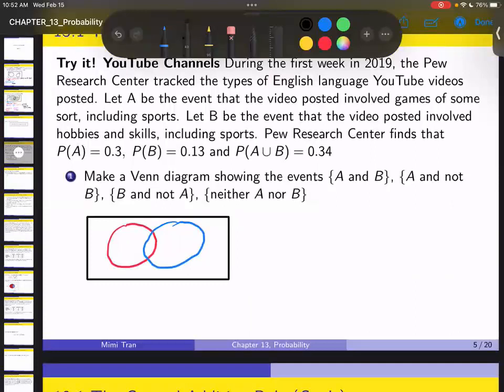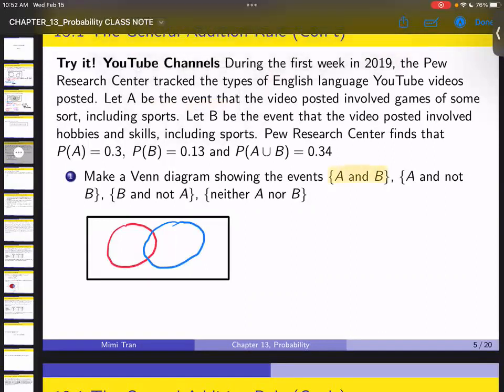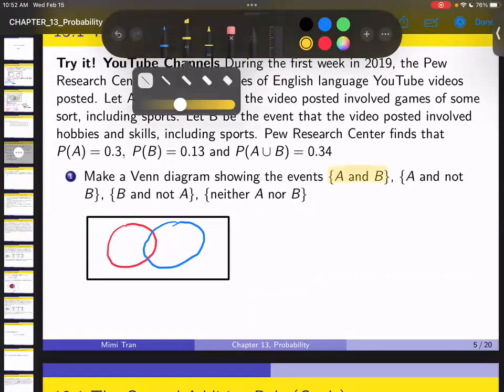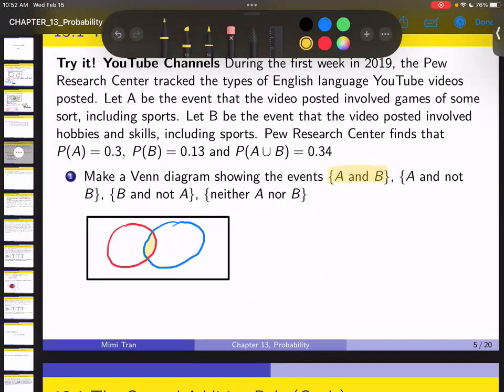Make a Venn diagram showing the event A and B. A and B will be that tiny little region of intersection right here, right? That's A and B, or A intersection B.